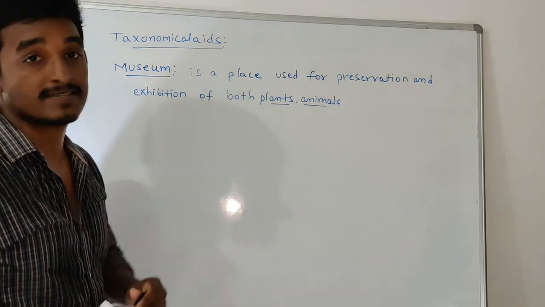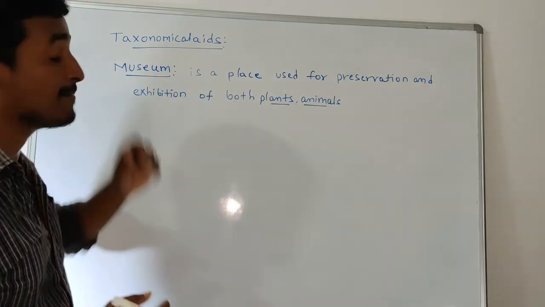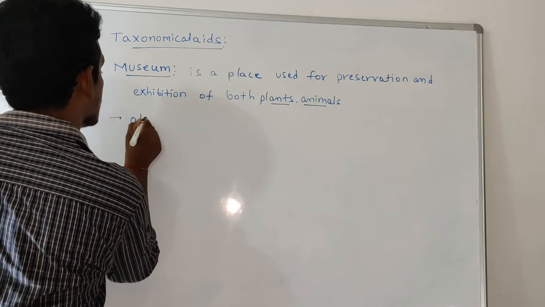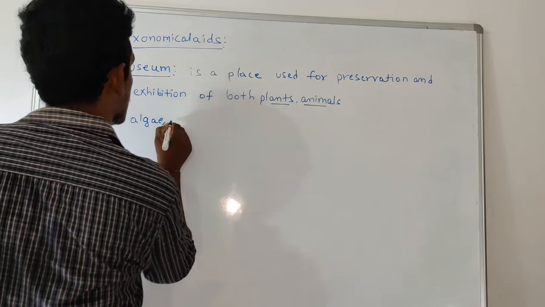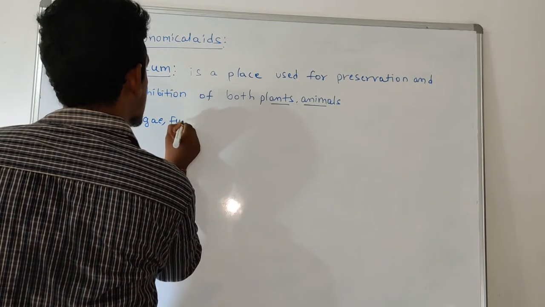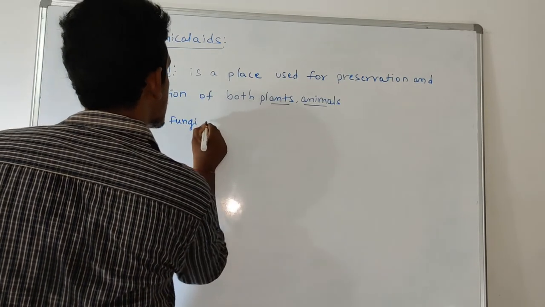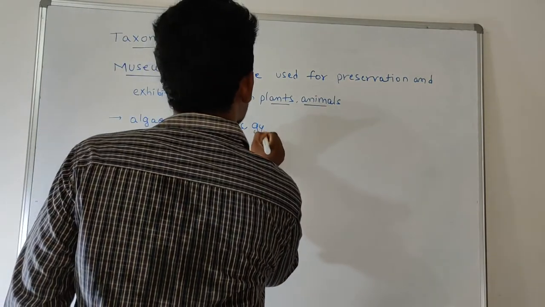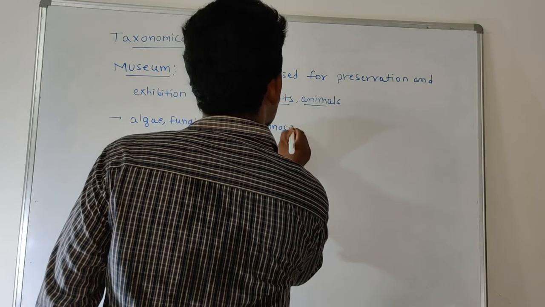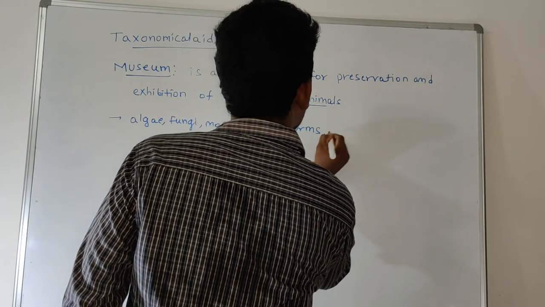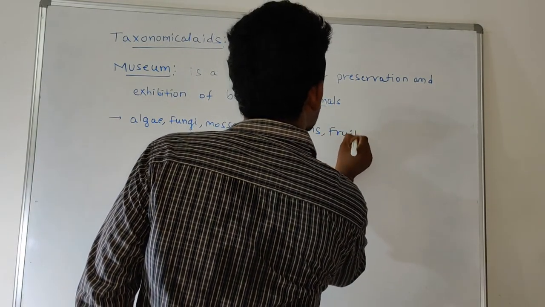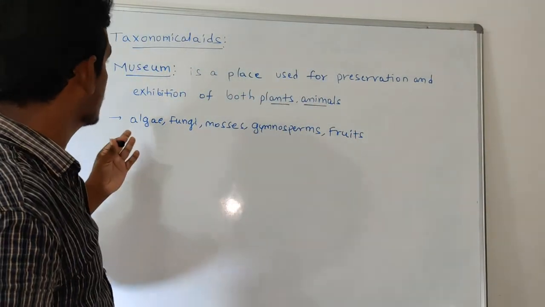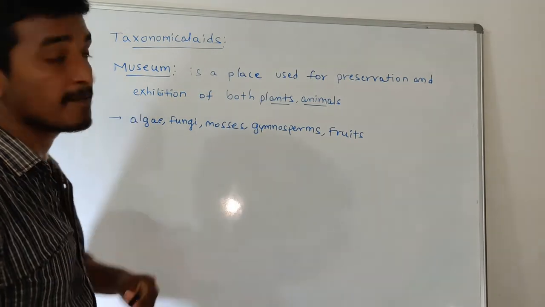But some parts we can't preserve in a herbarium, like algae, fungi, mosses, gymnosperms, and some fruits. With the help of a museum we can easily preserve these.